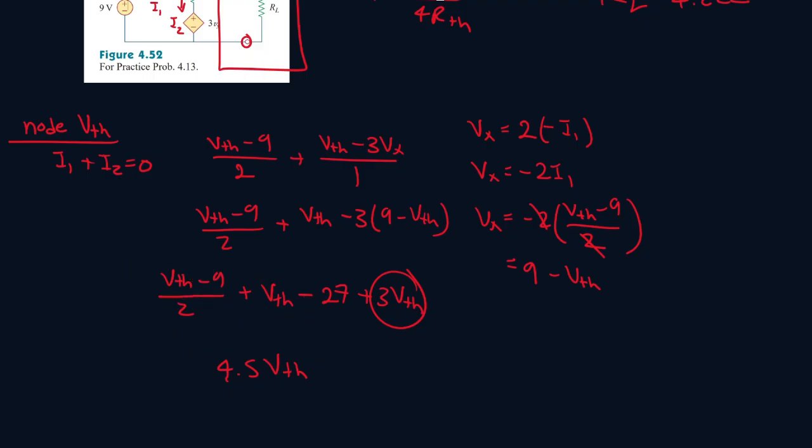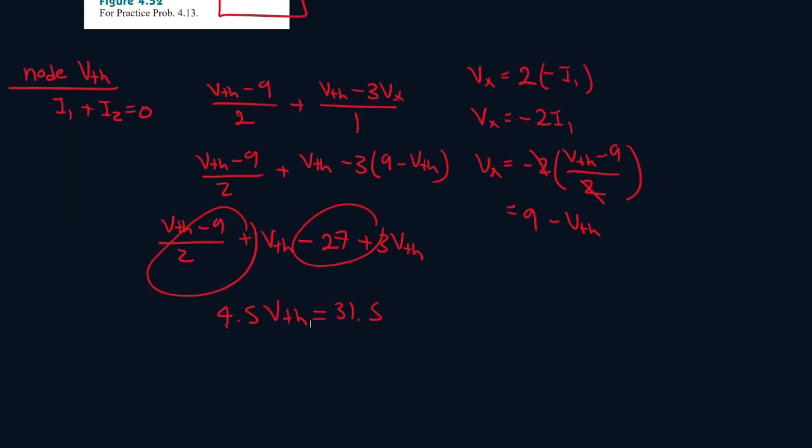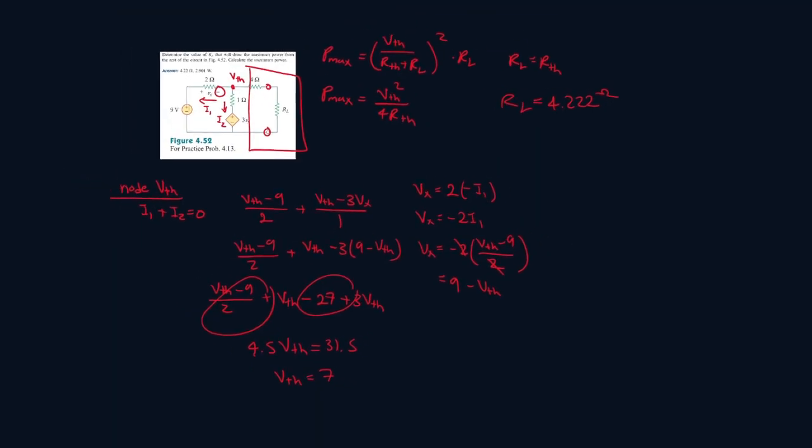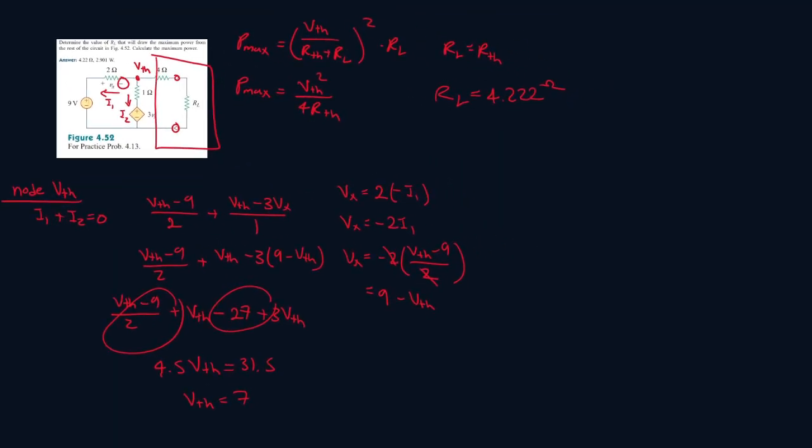And then the second group of like terms, minus 9 over 2 minus 27, that's minus 31.5 equals 0. Bring it to the other side, so it'll be equal to 31.5. So VTH will be 7. Okay? Now we can solve for the maximum power.